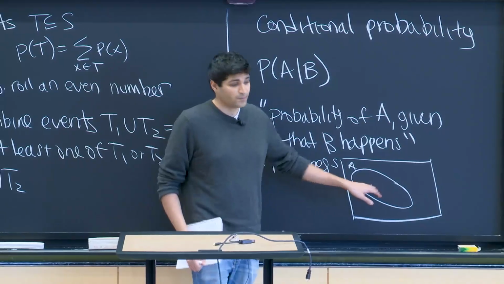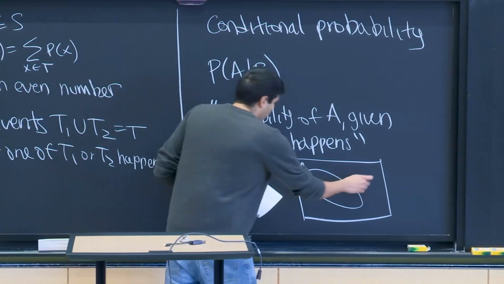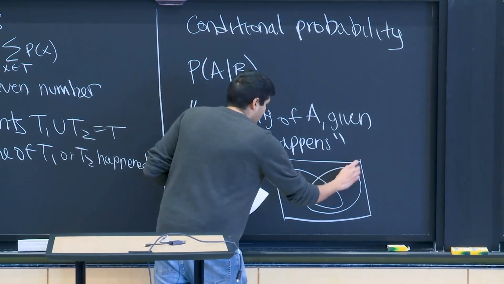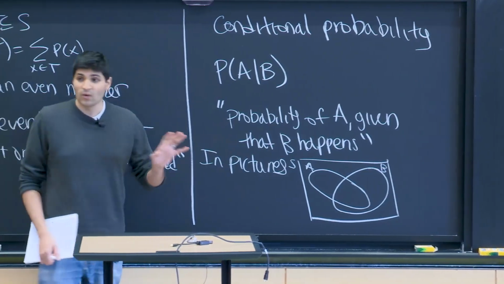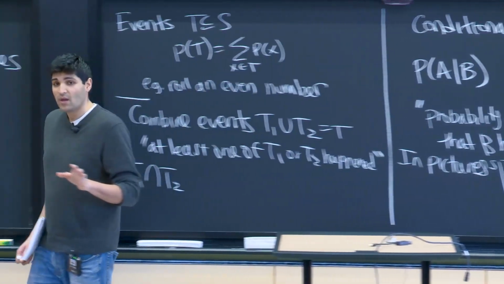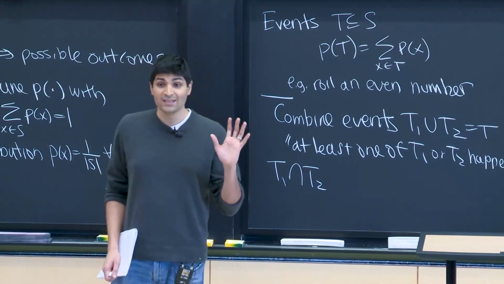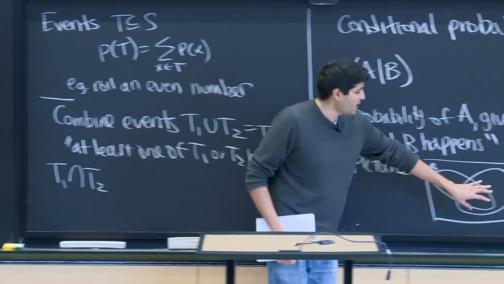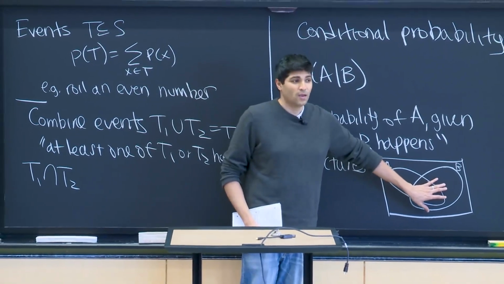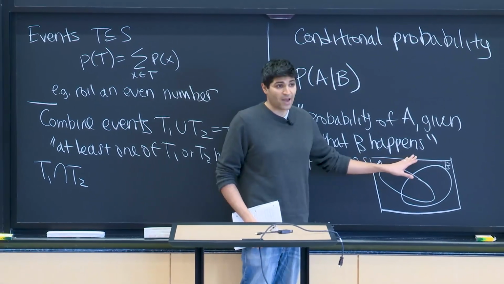Now when I have a pair of events, A and B right here, I can imagine I do this experiment where I throw my dart at the board, and we already know it has to land inside the set S. But then what if I tell you that it's landed in the set B? I promise you that event B happens.